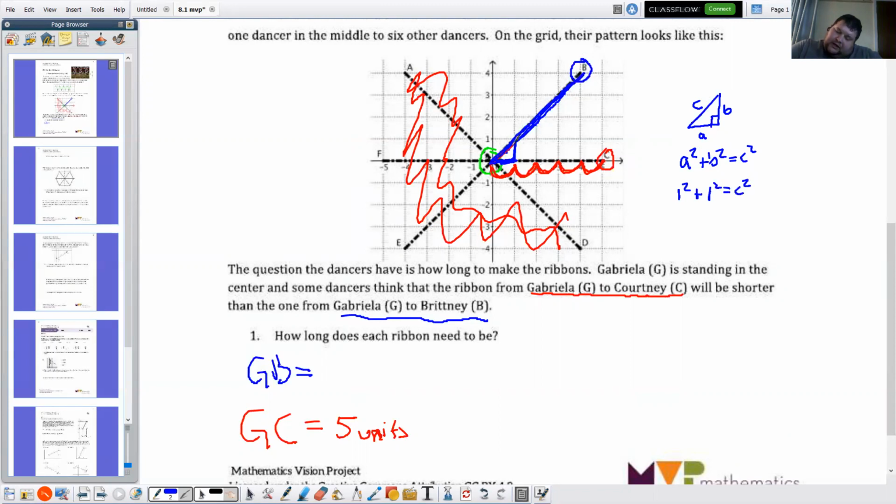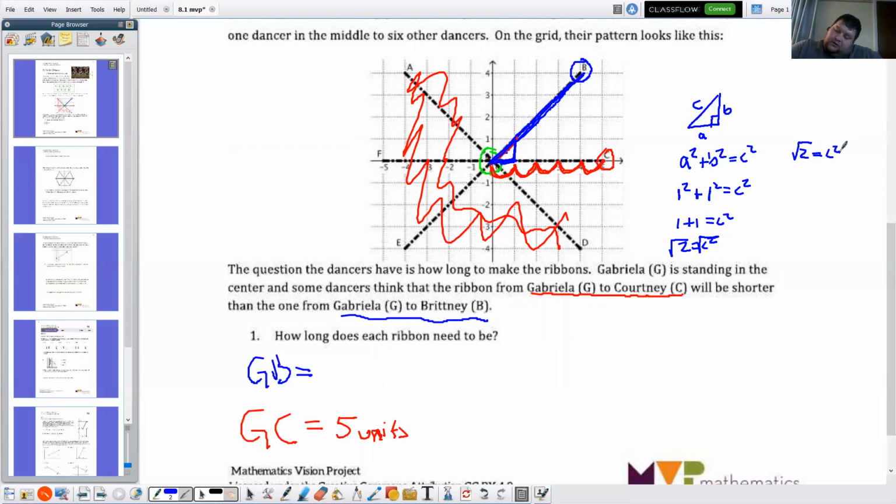That's what we're trying to find, is that length right there. So I have 1 and 1. So 1 plus 1 equals c squared, or 2 equals c squared. Then we take the square root of both sides. So the square root of 2 equals c.